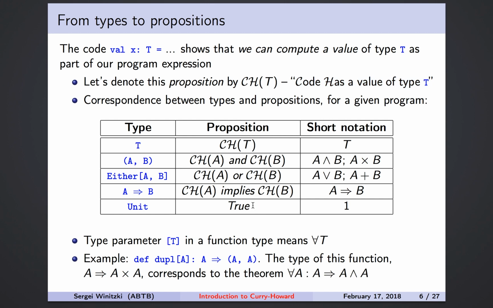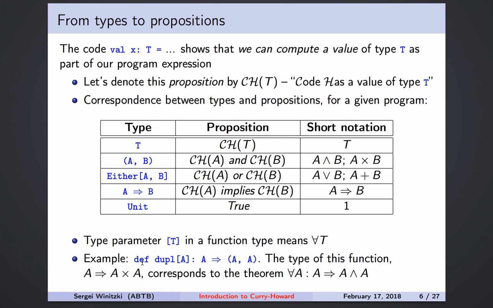A couple more remarks, especially since we're going to use type parameters a lot. In Scala, the type parameters are denoted like this. And if you have a type parameter, it means in the logic that something is asserted for all t. So some propositions are considered for all types t.